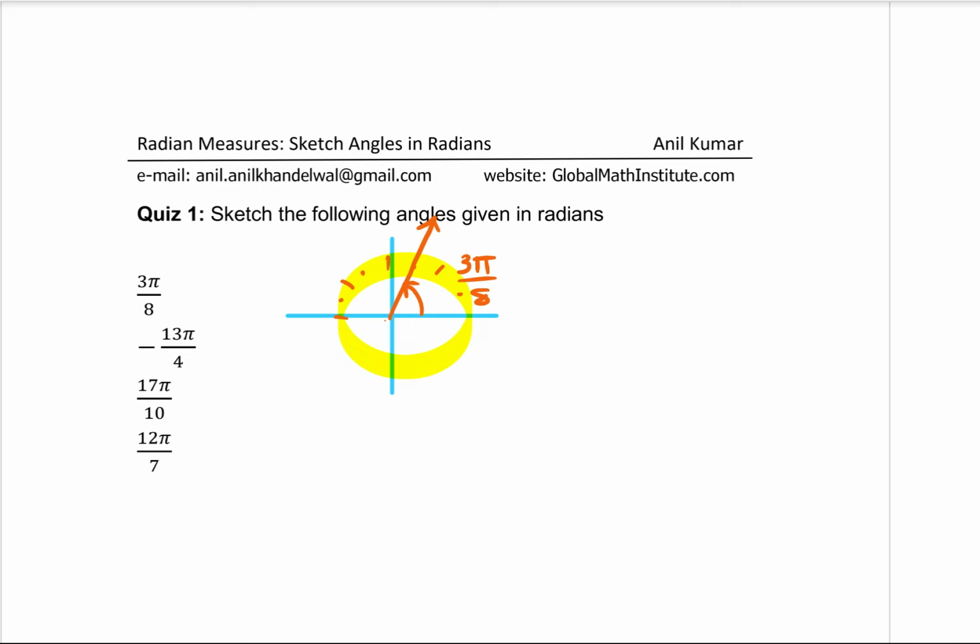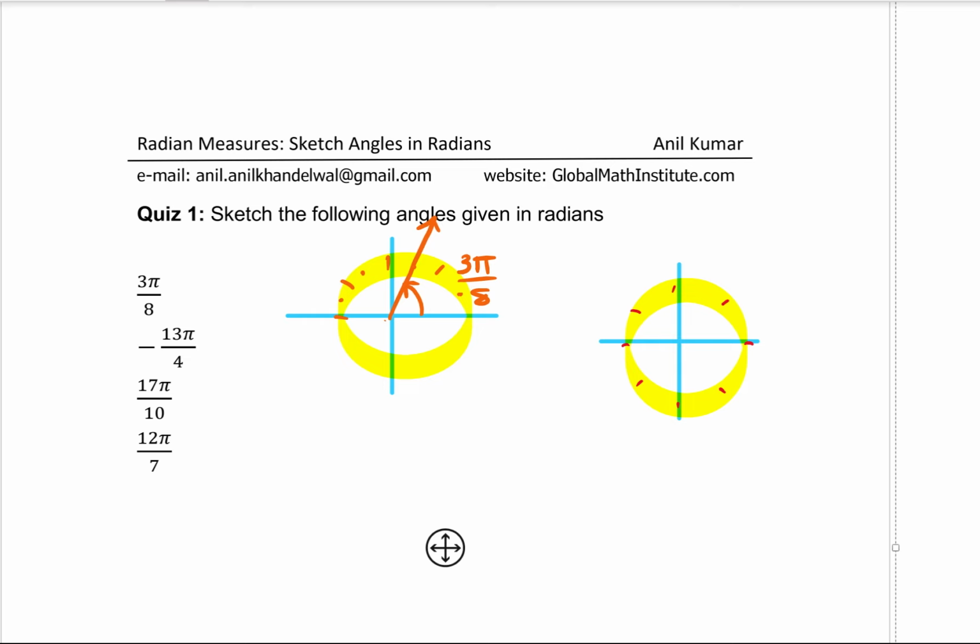Perfect. Now let's take the next one, which is minus 13 pi by 4. So let me do it here. We'll make a circle here. And since we're looking into pi by 4s, we are going to divide this into 4 equal parts, right? 13 means if I go one full circle, and that is clockwise, right?